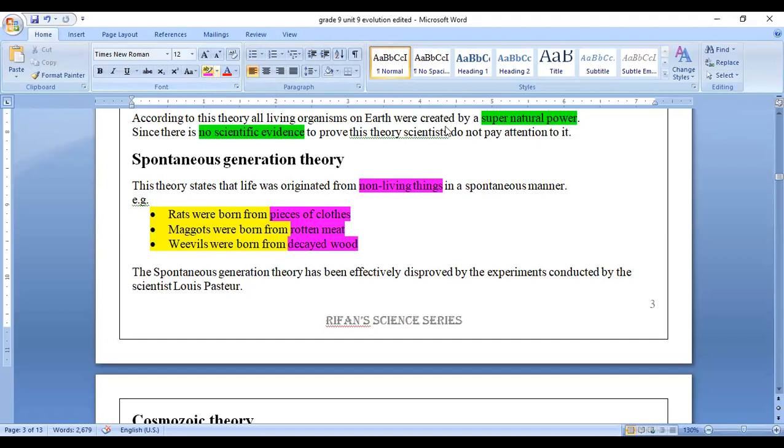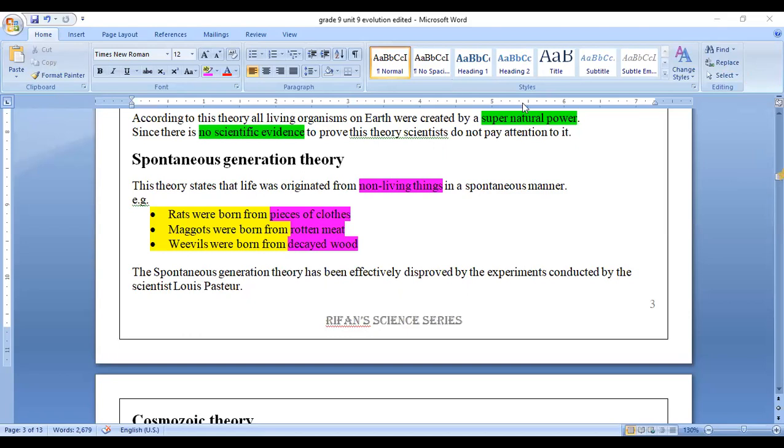Our parents are living organisms, they made us. Their parents are living organisms, they made our parents. Our grandparents' parents are living organisms, they made our grandparents. Who can make a living organism? Only a living one. Expecting non-living sand, mud, cloth, or wood to become life, is it possible?